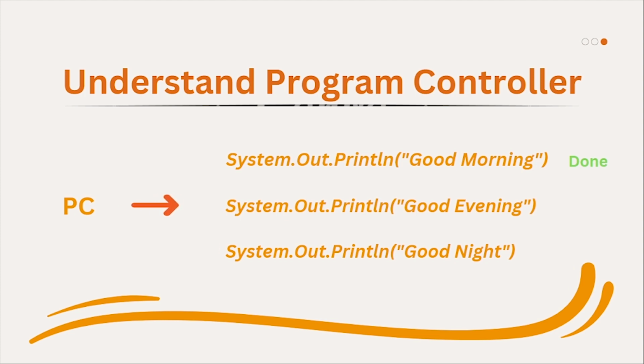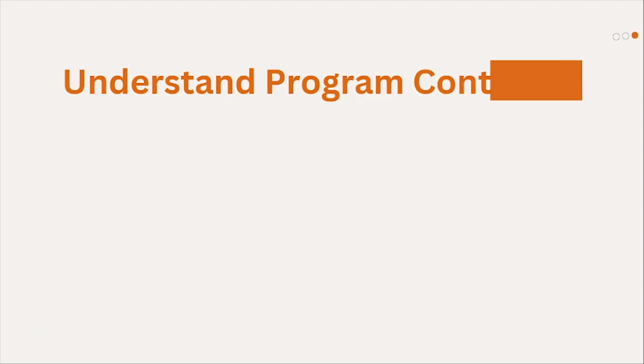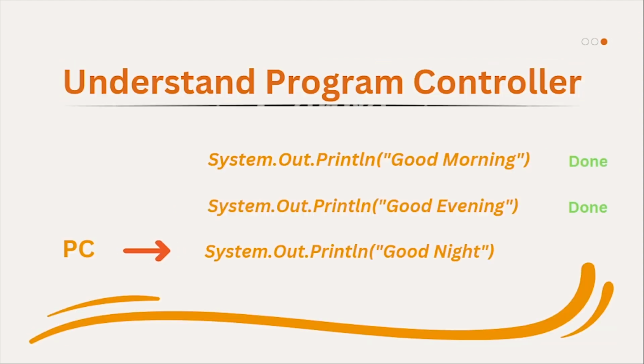Once it prints the message in console, again it will move to the third instruction, and there it will print good night. So we can see that from the first to last, it will execute one by one sequentially. That means unless it executes the first statement, it will not move to the second statement, and so on.